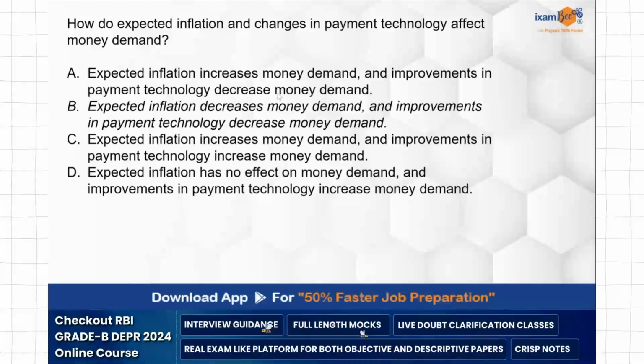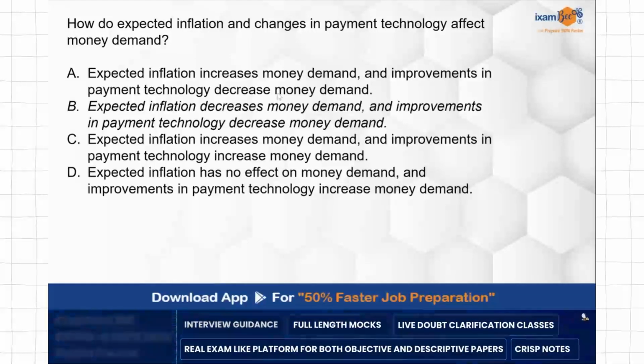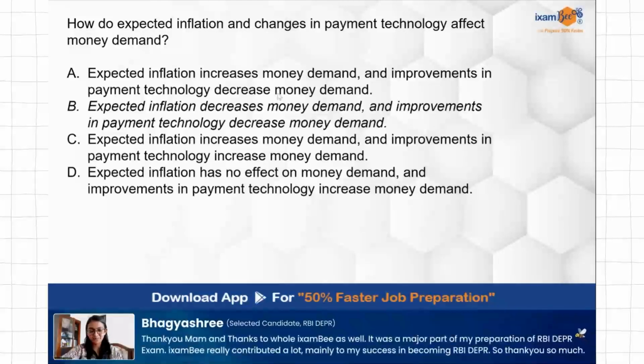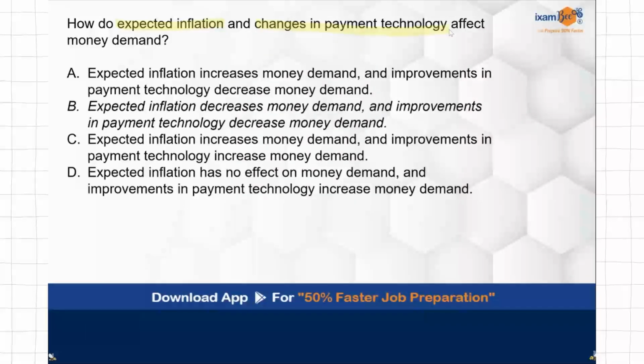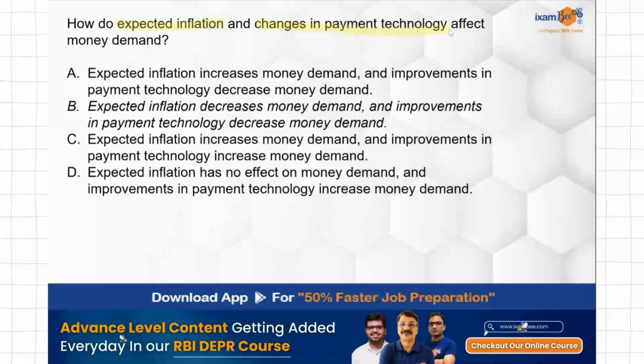How do expected inflation and changes in payment technology affect money demand? The question is about expected inflation increasing and changes in payment technology. For example, right now we have digital payments, UPI is there. So how will it affect money demand? We all know that if there is an increase in inflation, we tend to save more.